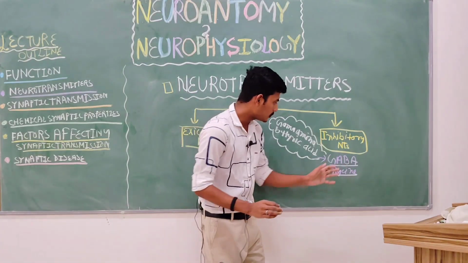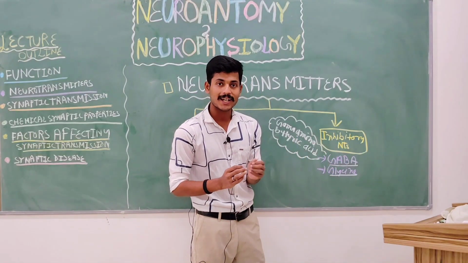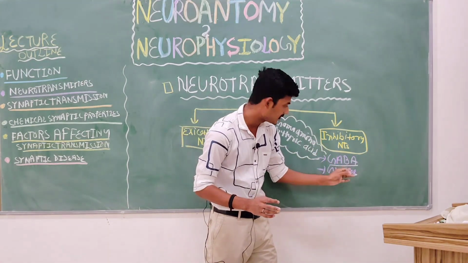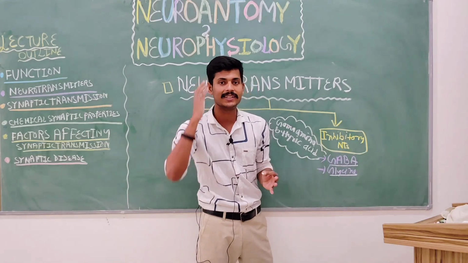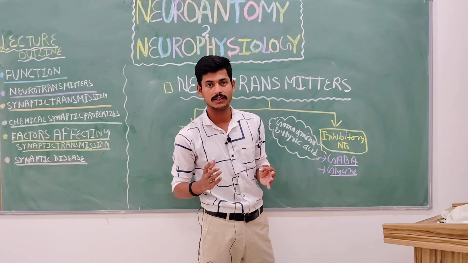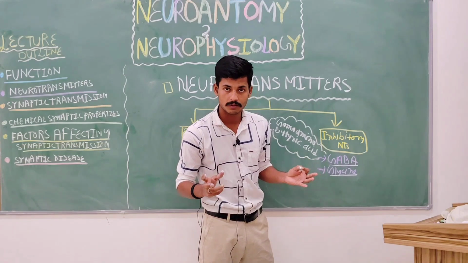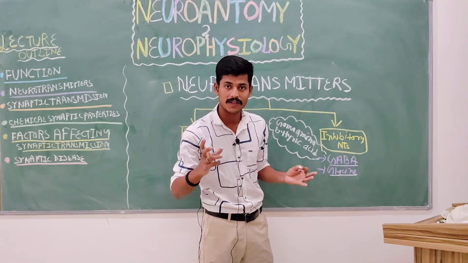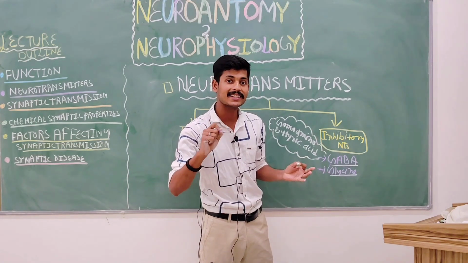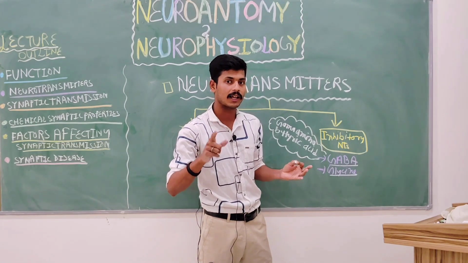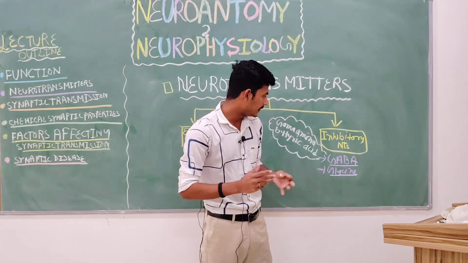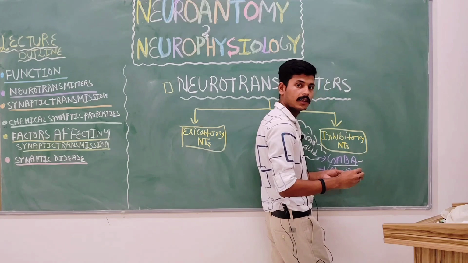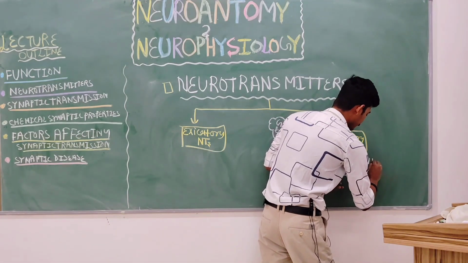And if we talk about the inhibitory neurons which possess this GABA, they are present in the central nervous system, and we refer to those neurons as GABAergic neurons. Those neurons holding this GABA neurotransmitter are called GABAergic neurons, and they are present in the central nervous system. So if we talk about their location, they are present in the central nervous system.